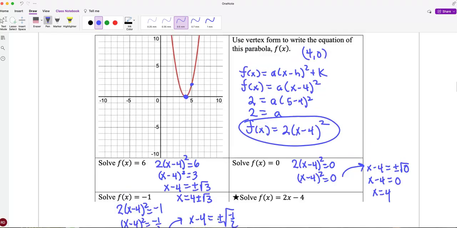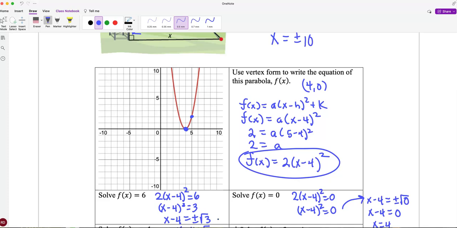Solve f of x equal 2x minus 4. So what is 2x minus 4? It is a line, right? There's your y-intercept. The slope is 2.